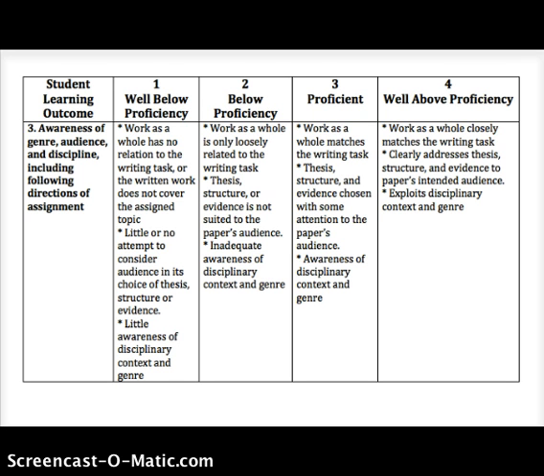Now this criterion is the one where you have to do the most defining, because it's the one that says, these are the genres that my discipline uses, these are the audiences that my discipline speaks to, and these are the conventions of my discipline.